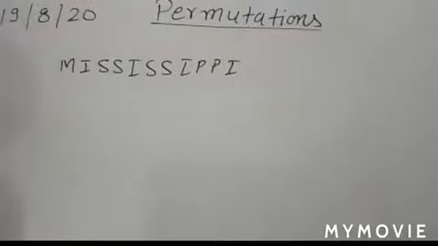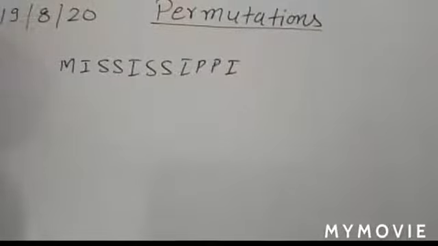Mississippi. Here you have to find the total number of possible words formed by the letters of the word Mississippi. And in how many of these permutations do the four i's not come together?